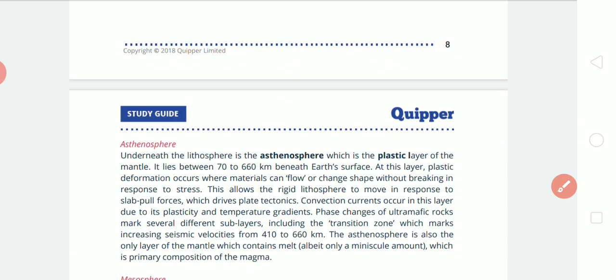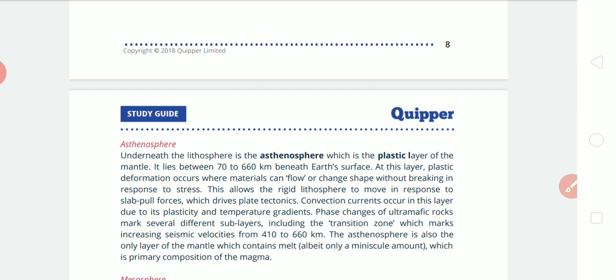It is the plastic layer of the mantle. It lies between 70 to 660 km beneath Earth's surface. At this layer, plastic deformation occurs where materials can flow or change shape without breaking in response to stress.